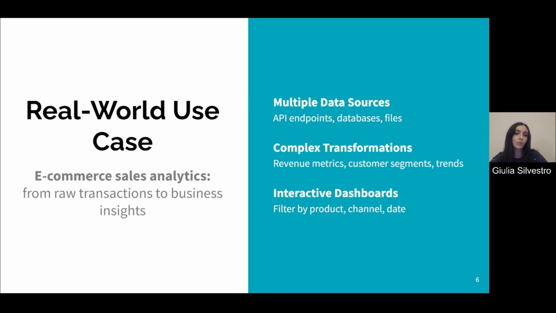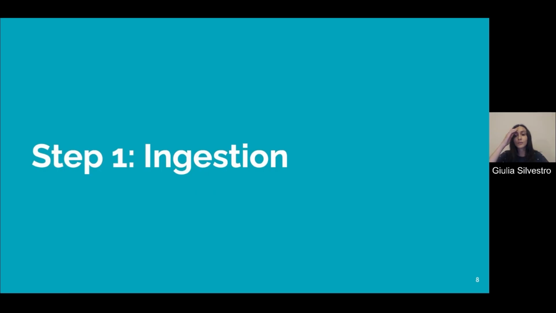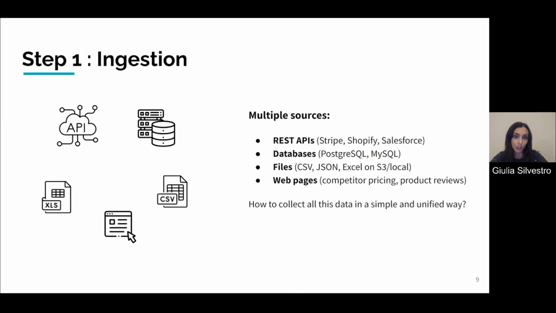And at the end, we'll reach the point of building an interactive dashboard. Here's the roadmap. We'll go step by step through ingestion, storage, transformation, then orchestration, and also visualization. And each step will use Python tools and open source tools when possible. So let's start from the first step, which is ingestion.